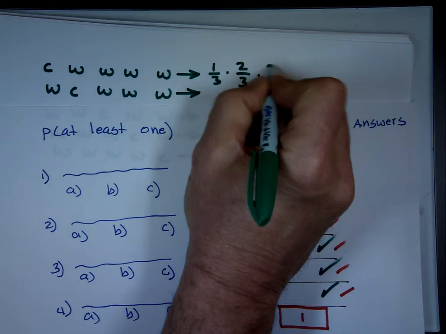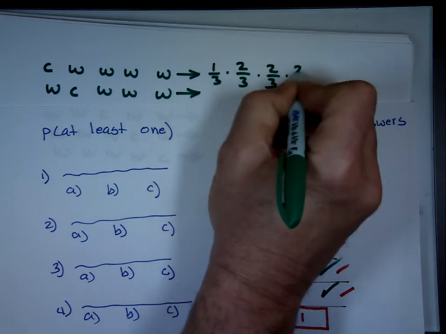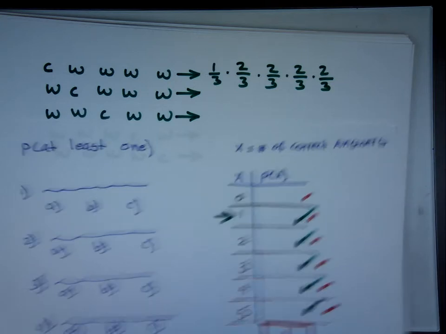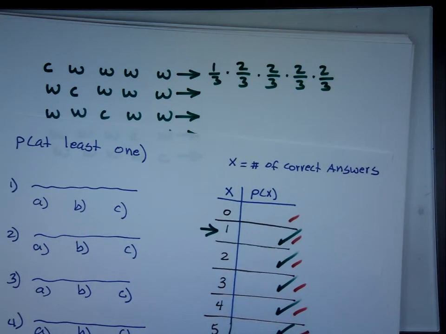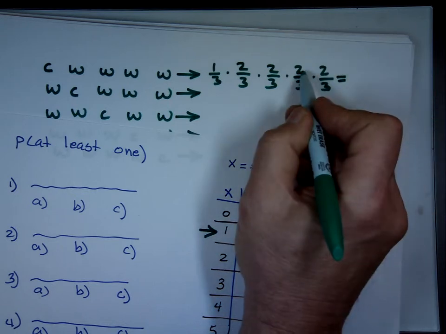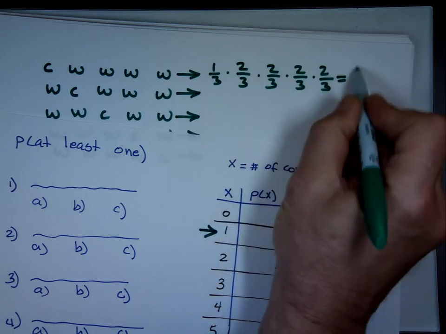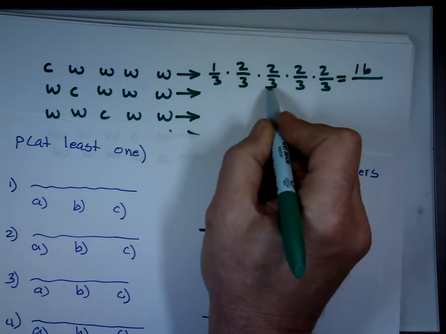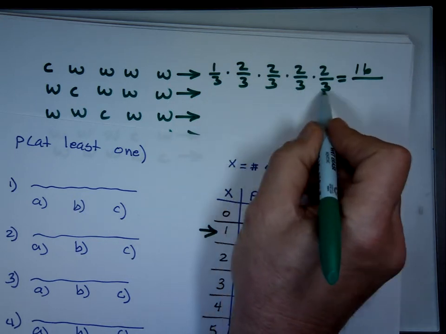The next question, 2 out of 3, 2 out of 3, and 2 out of 3. That would be 2 times 2 is 4, times 2 is 8, times 2, that's 16, over 3 times 3, 9, times 3, 27, times 3, 81, times 3, 243, I think.